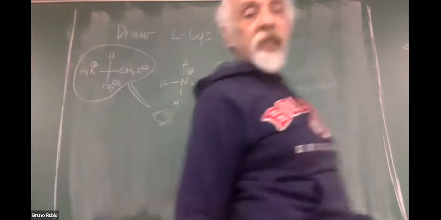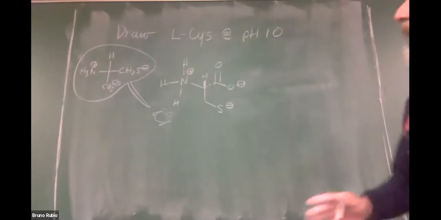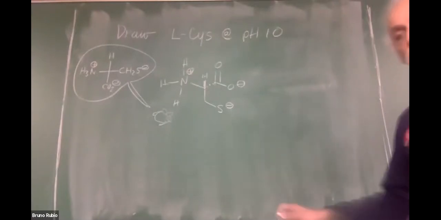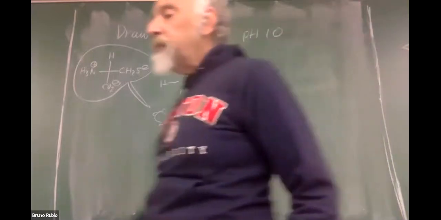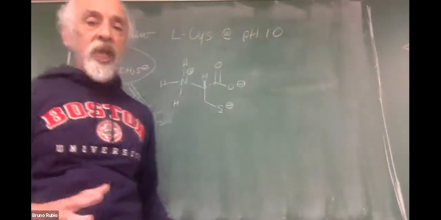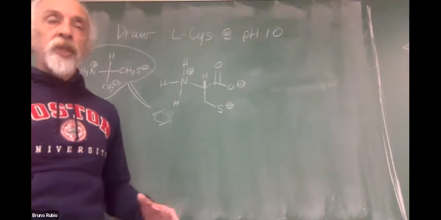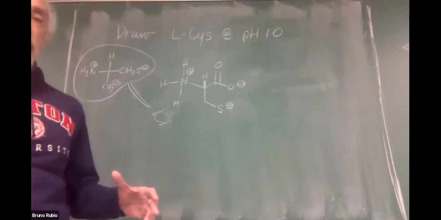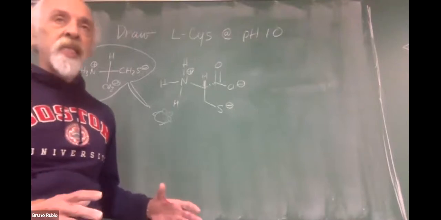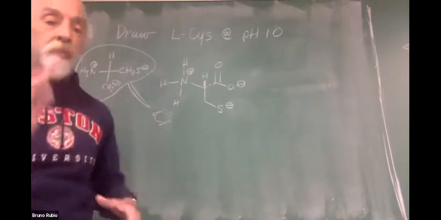So that's L-cysteine written both using dashing and wedging, and also as a Fisher projection. So I would like for you to please familiarize yourself with that table. Make sure that you understand how to put together the amino acids and how to work with those pKa values.